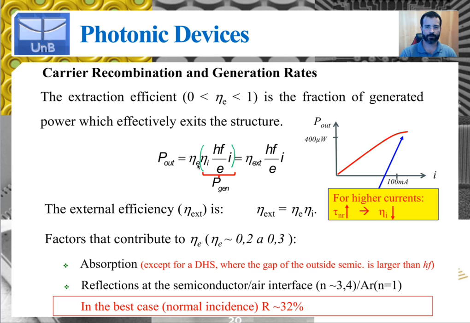It's usual to define an external efficiency, which is the product of the extraction efficiency and the internal quantum efficiency.